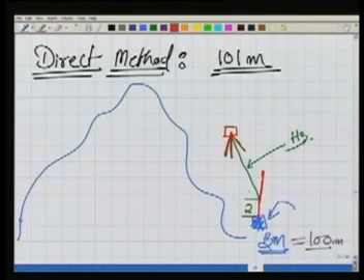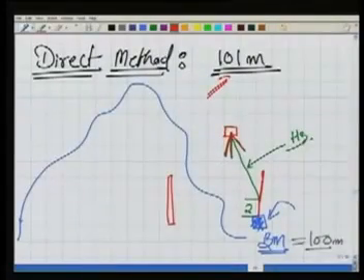Next, I take this staff and start moving here on the hill. So with this staff, I'll keep moving while someone is bisecting me. If I'm standing on a point which has an RL of 101 meter, what should be the reading on this staff?